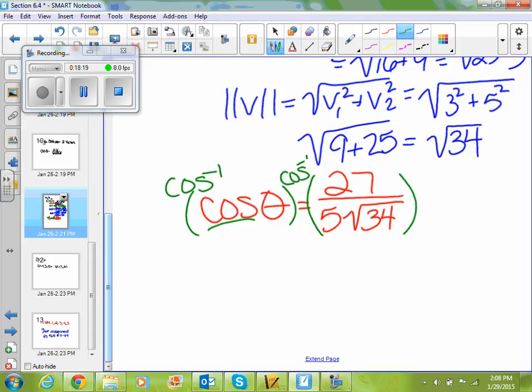I want everybody to plug this in on their calculators just to make sure that we get the same number. Make sure your calculator is in degree mode, that's the first thing. And then plug that in exactly as it looks: inverse cosine of 27 divided by 5 square root 34.